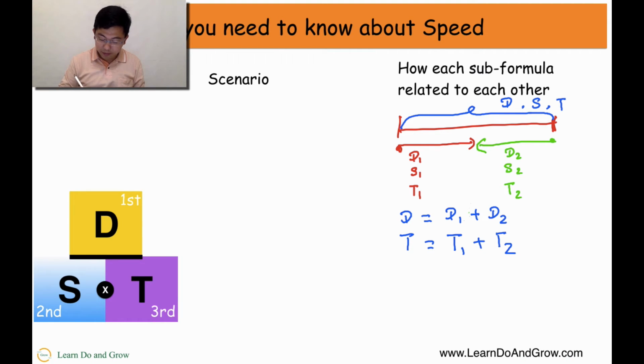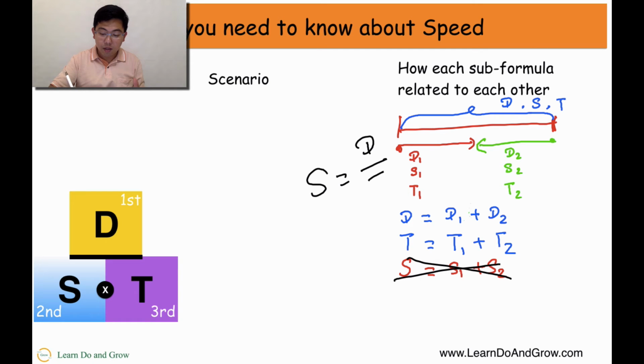What about s? Can I say s equals s1 plus s2? The answer is no. The speed you cannot add up to find an average speed. In order to find an average speed, just now what did I tell you? Average speed is total distance divided by total time.